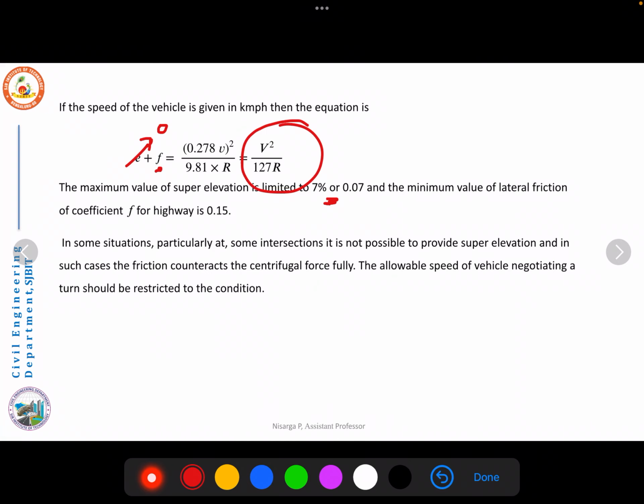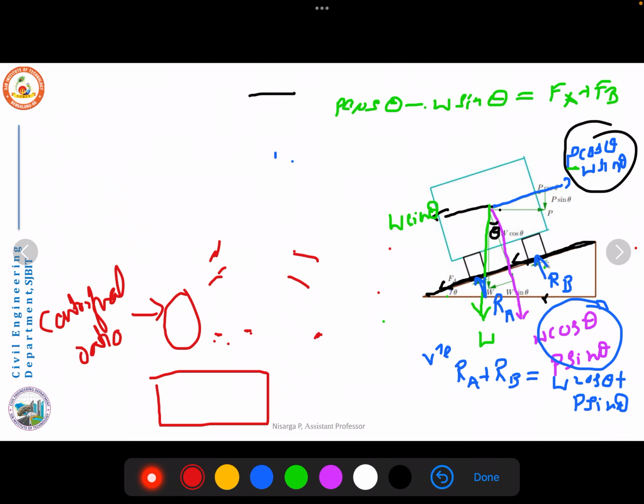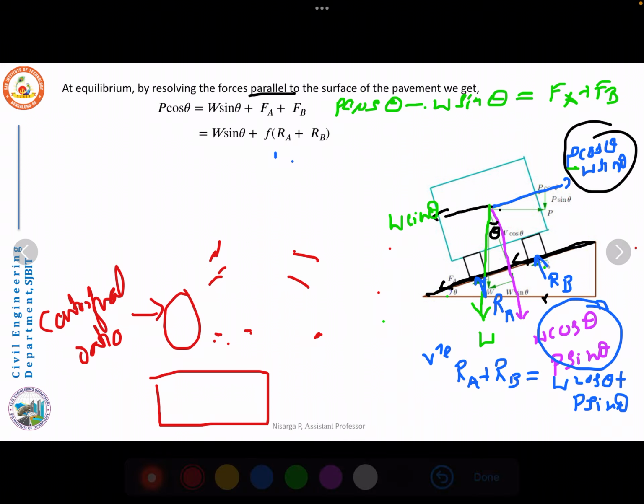We cannot increase the friction to so great an extent, so instead we have to reduce the speed at such restricted conditions. The speed can be taken as V equal to the square root of 127R F, since the equation becomes F equal to V square divided by 127R. When the E value is 0, considering the F value as 0.15, we determine the restricted speed at the horizontal curve.